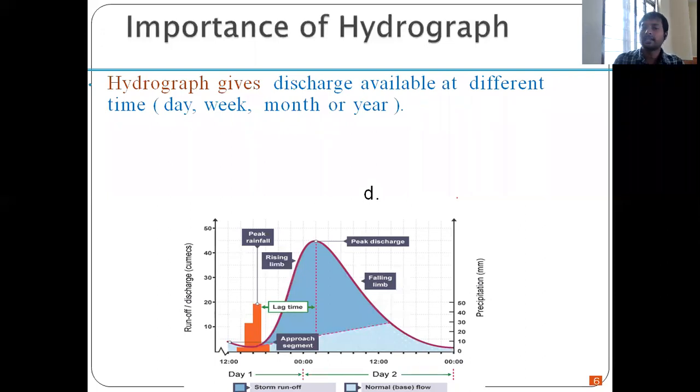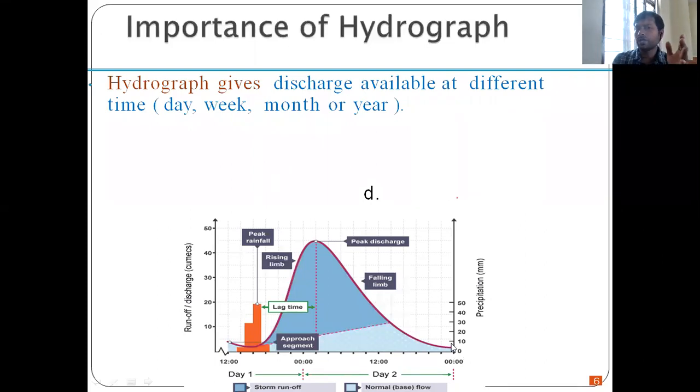By using this graph, you can see that peak discharge takes place at some time. For example, if you take the month of September, peak discharge will take place, and a low discharge at a particular month.